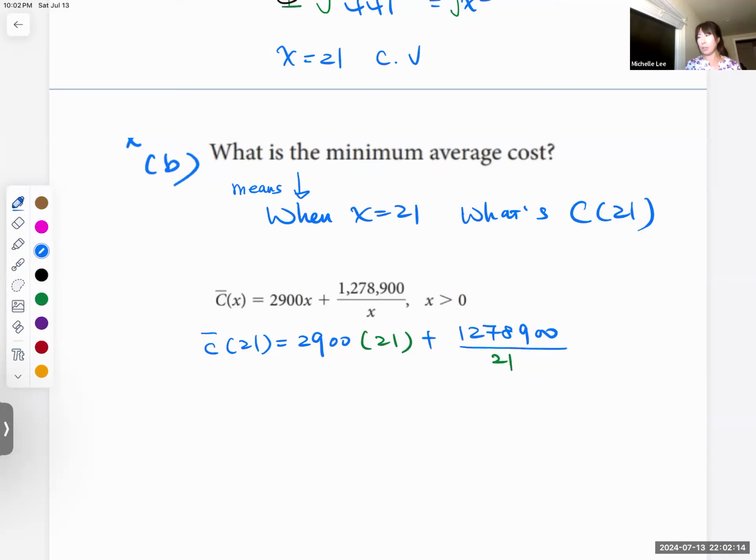Then if we calculate this one, we get $121,800. So this is dollars per machine.